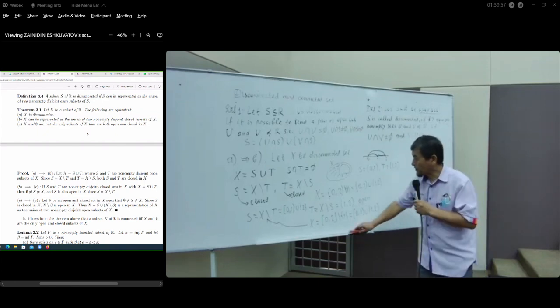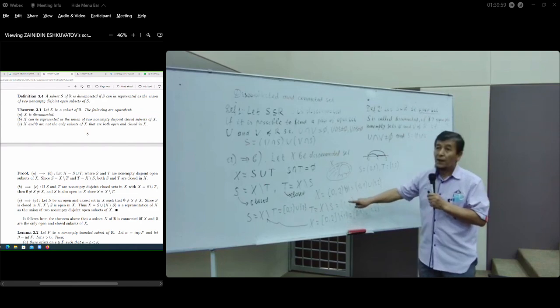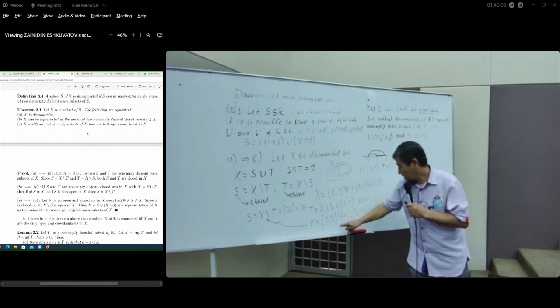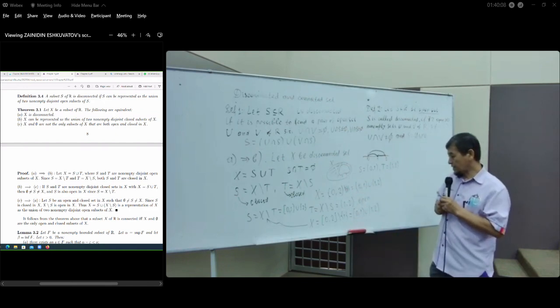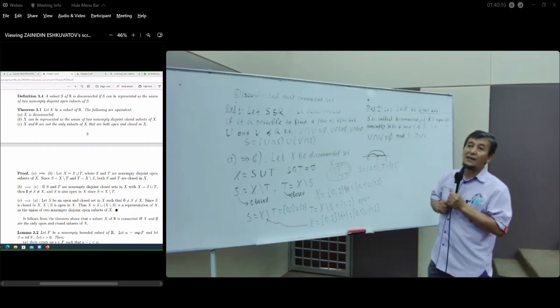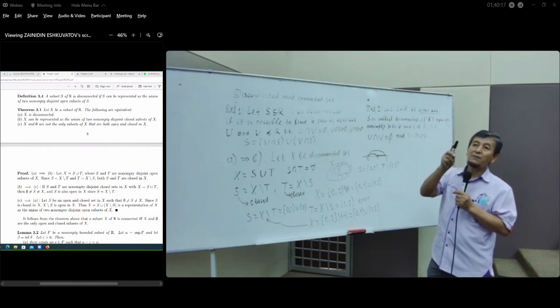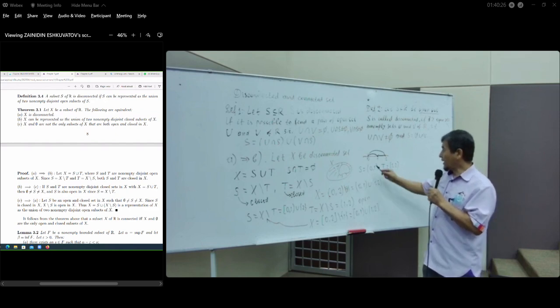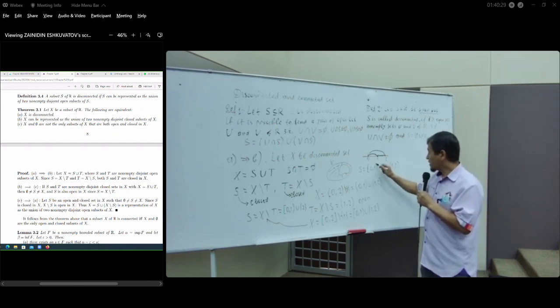So now please pay attention. X is a non-empty closed set. B to C: S and T are non-empty disjoint closed sets in X. So S and T are closed sets. Now I am taking it like this.